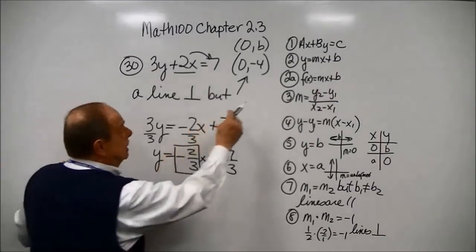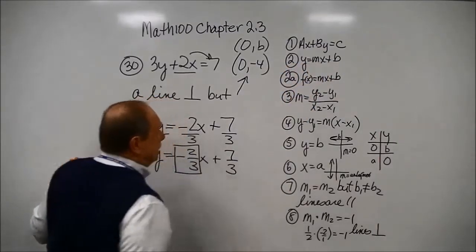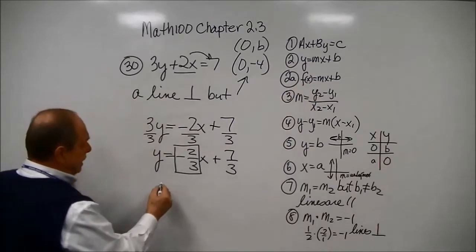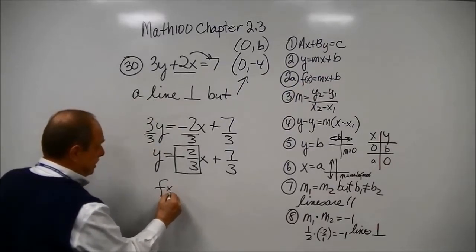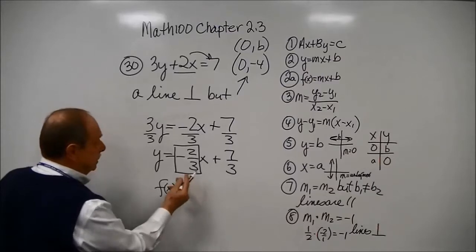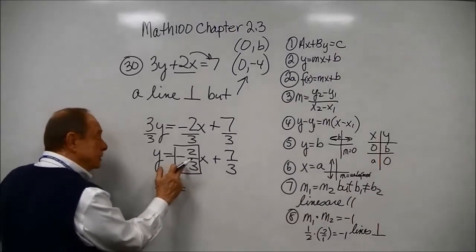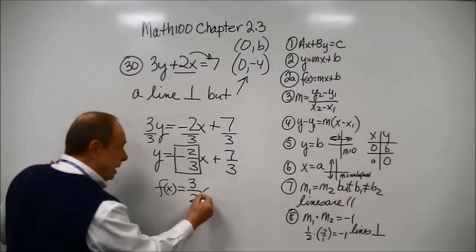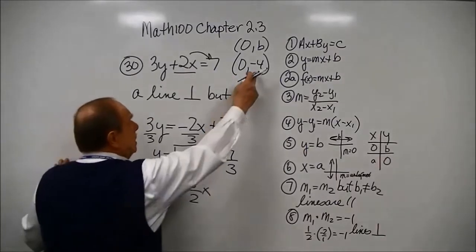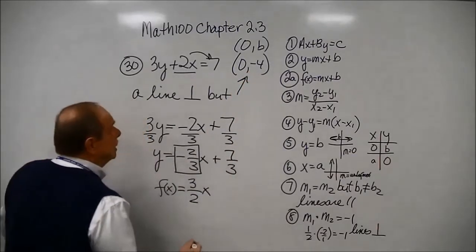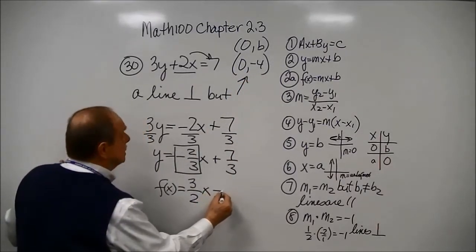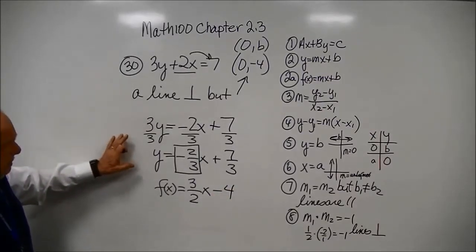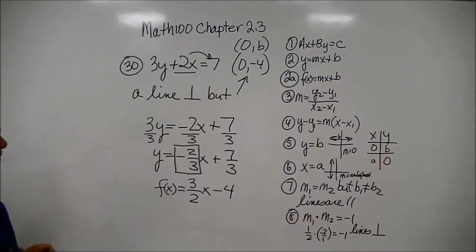I was putting it in the regular notation of slope-intercept, but they want it in this form. So it would be f of x is equal to, now the negative reciprocal of this would be a positive 3/2, and we add the x, and now we apply this y-intercept, which is -4. So there it is, done a little more clearly and not so jammed up.